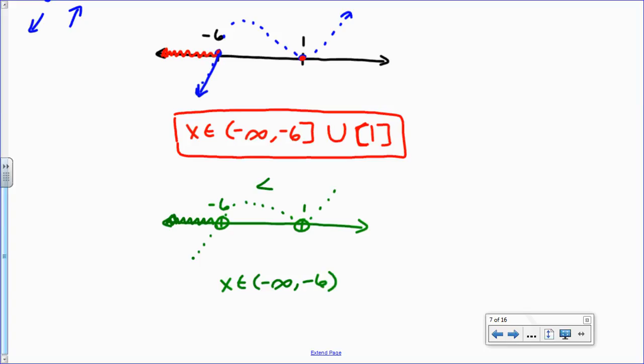I would not need to include the 1 there because it's not equal to. Nothing right of -6 is less than 0.